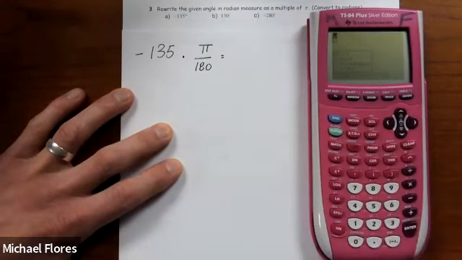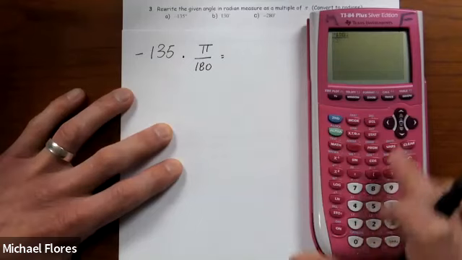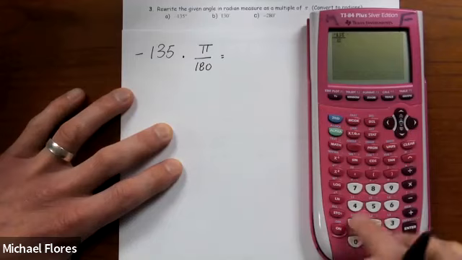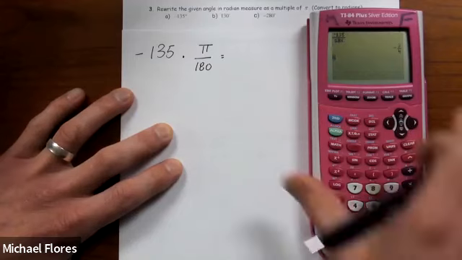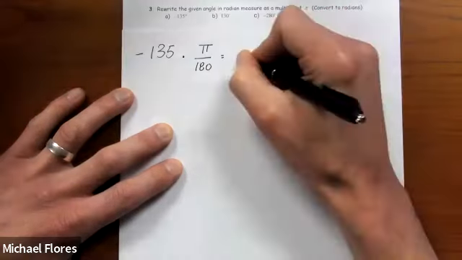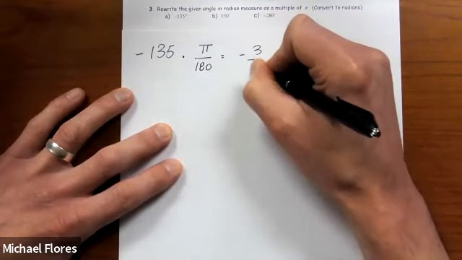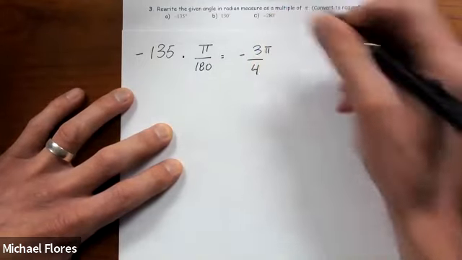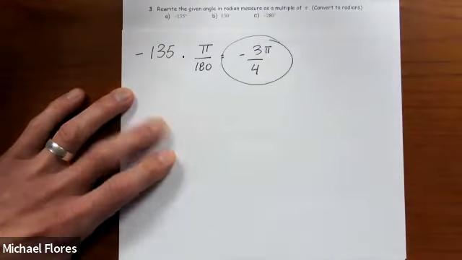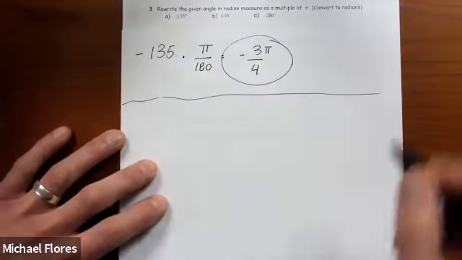Alpha y equals enter. We want our numerator to be negative 135 and our denominator to be 180. That would give us negative 3 over 4. And just make sure you give your numerator the pi symbol. So that would be your answer for 3A.